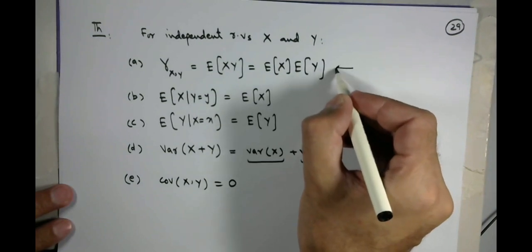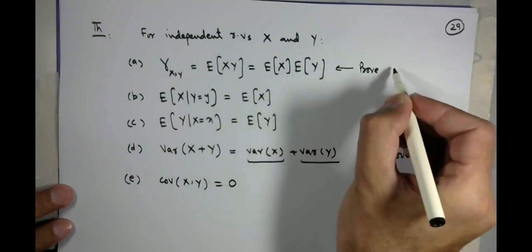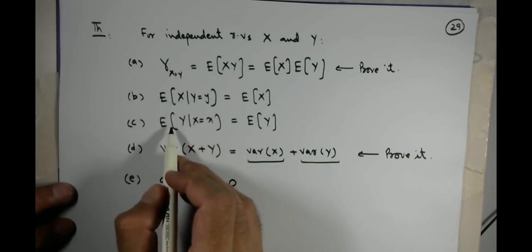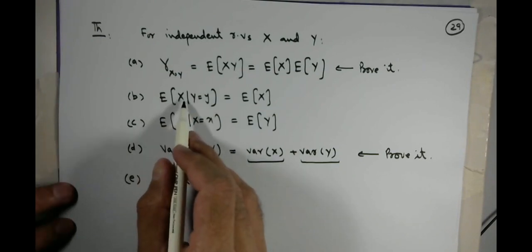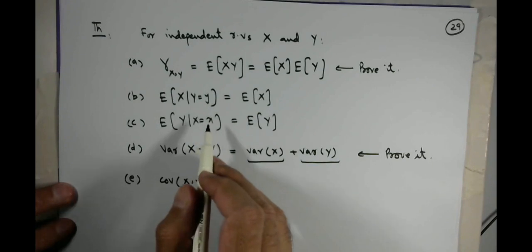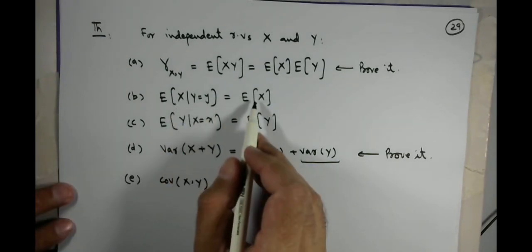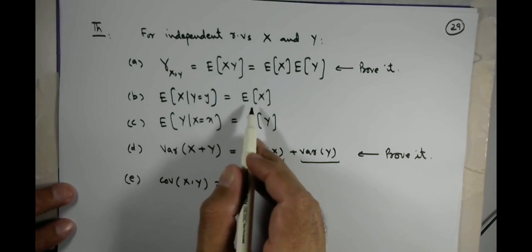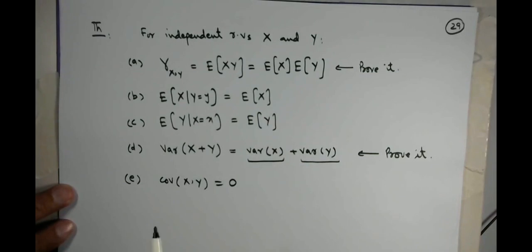This is very, very simple. Please do this at home. This is obvious. The expectation of X given Y, if X is independent of Y, should be equal to simply the expectation of X, which means the occurrence of Y does not affect the probability of occurrence of X and correspondingly the expectation of X.